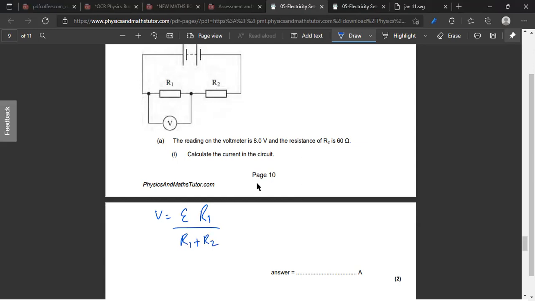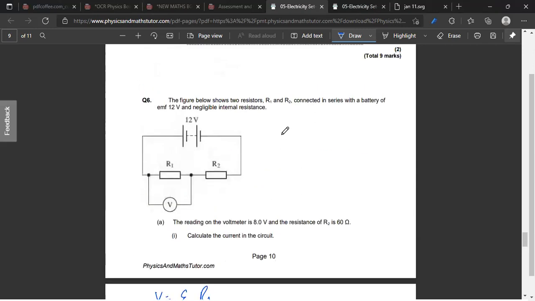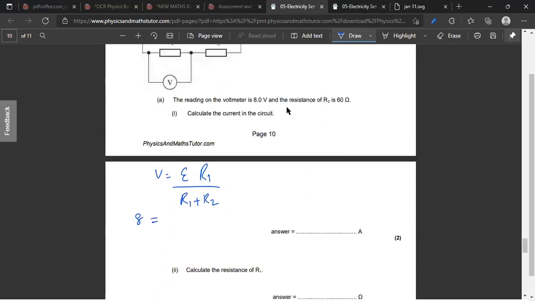So V is 8 and the total voltage is 12. So 8 equals 12 times R1 divided by R1 plus 60. You will get the answer 120 ohms.